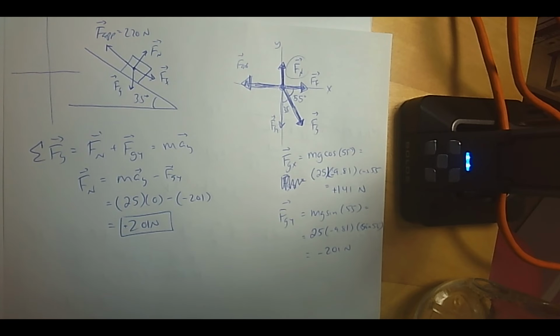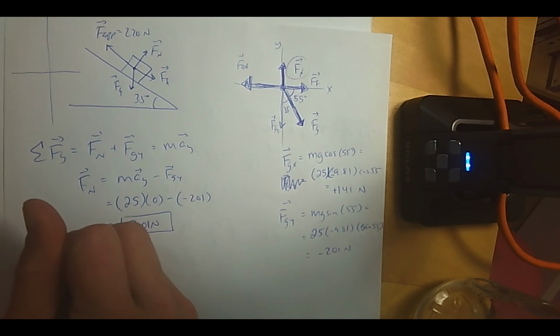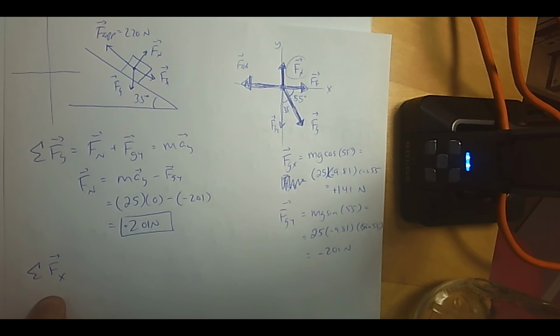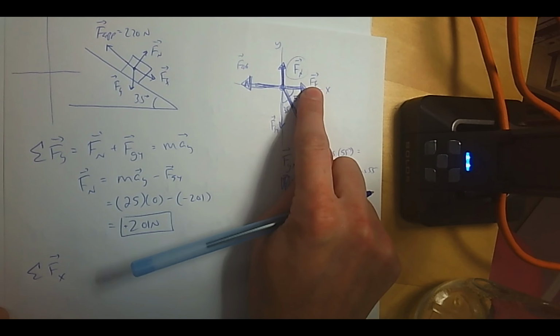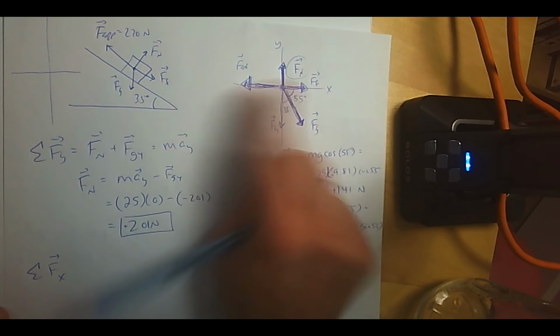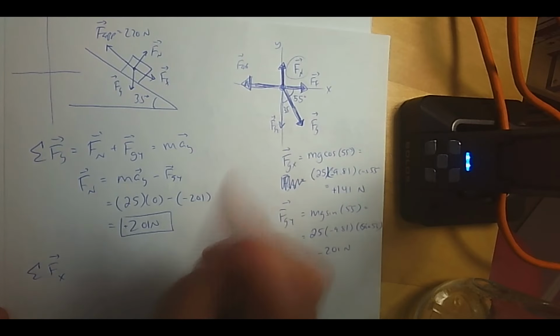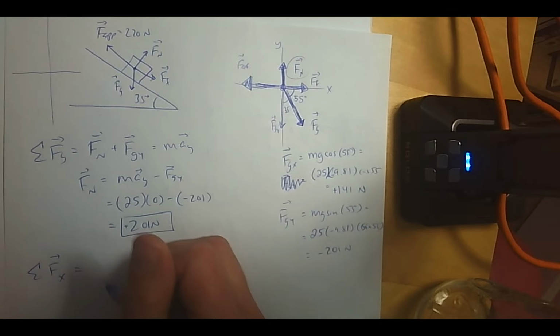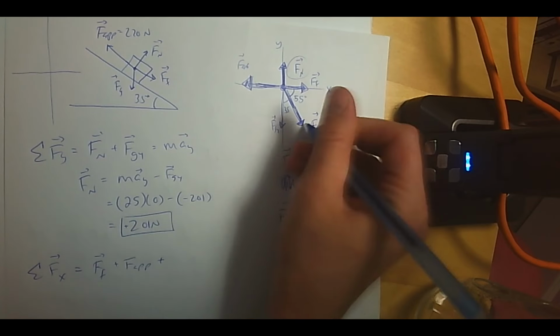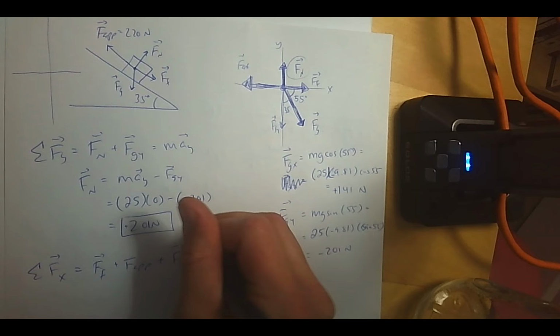Next part of my question says, what is the friction force acting on the crate? So I'm going to sum together the forces in the x because friction here acts in the x. And I have friction pointed right. You may have drawn your diagram where it's pointed left. It doesn't really matter. You'll get the same answer. So the sum of the forces in the x equals friction plus the applied force plus my x component of gravity.